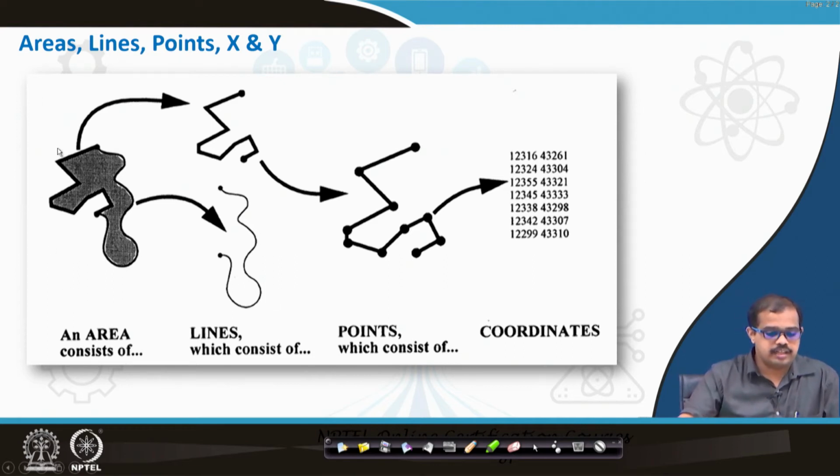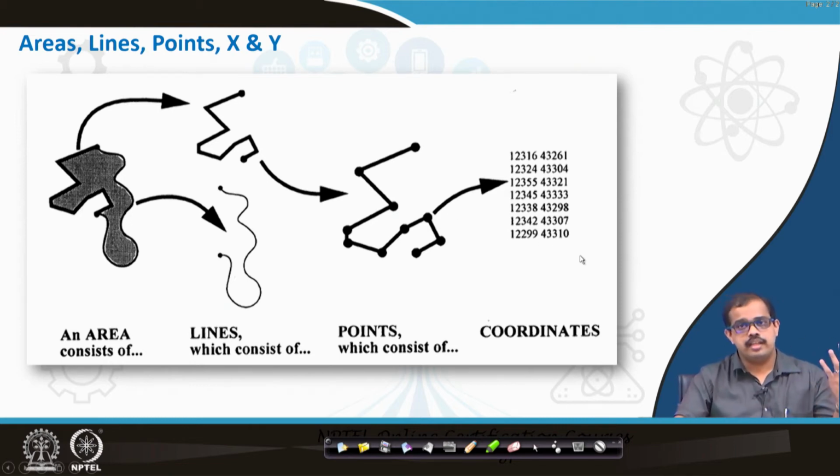Areas consist of a number of lines, and each line consists of a number of points, and each point represents a coordinate. So each of these is a different coordinate in this system. If you have coordinates, you can develop the area. If you have areas, you can break them down into different coordinates.